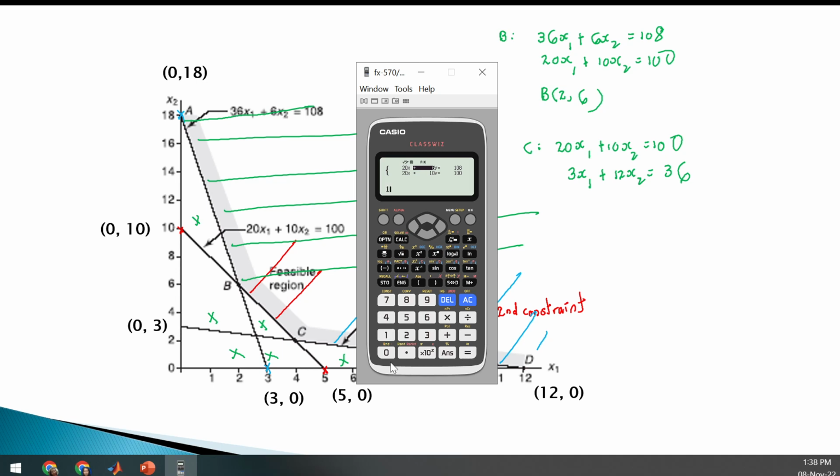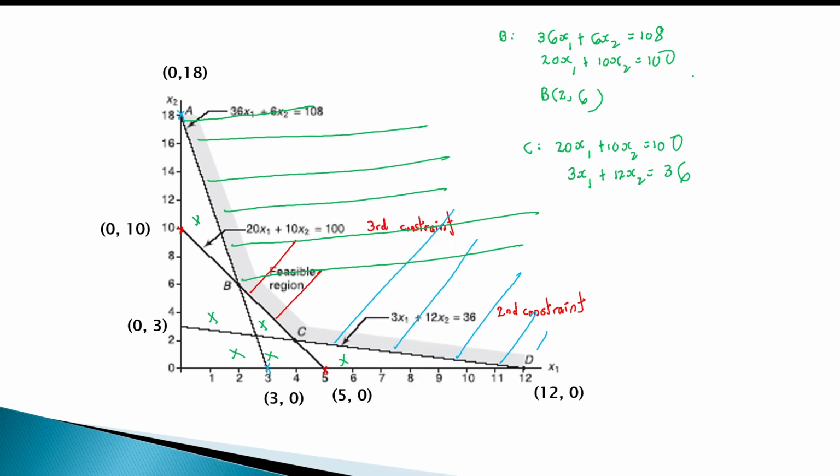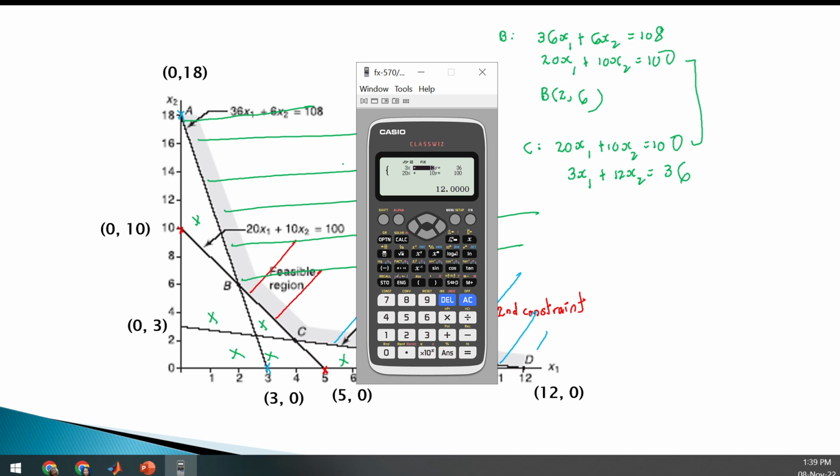Actually the 20, 10 I already have, so I just need to change the first equation to 3x1 plus 12x2 equal to 36.